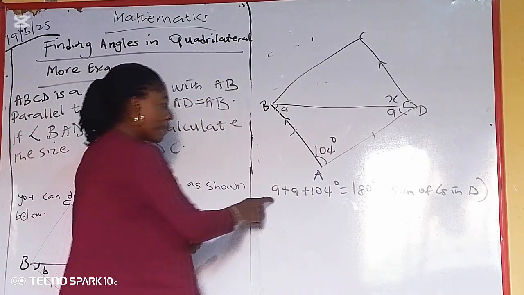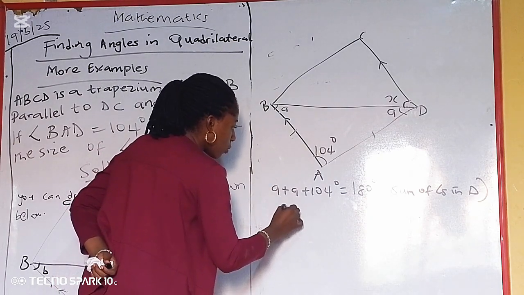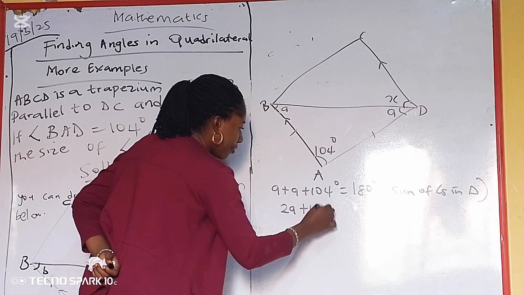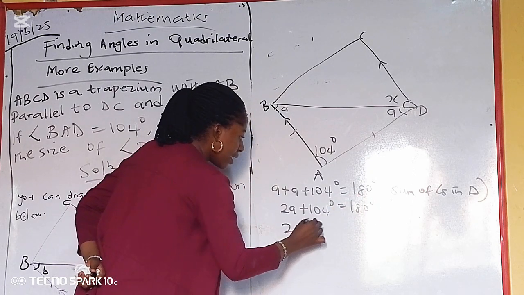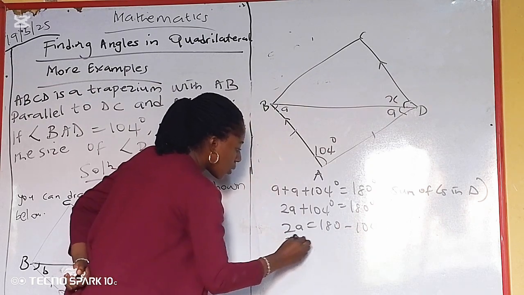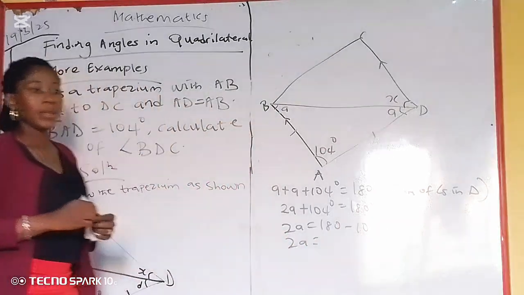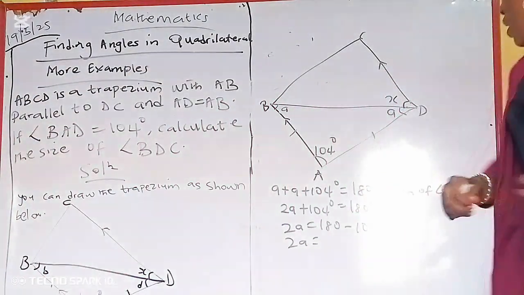So let's move on. A plus A is what? 2A plus 104 degrees equals 180 degrees. So we can say 2A is equal to 180 minus 104. 2A is equal to what? Punch the calculator for me quickly and give me the answer.